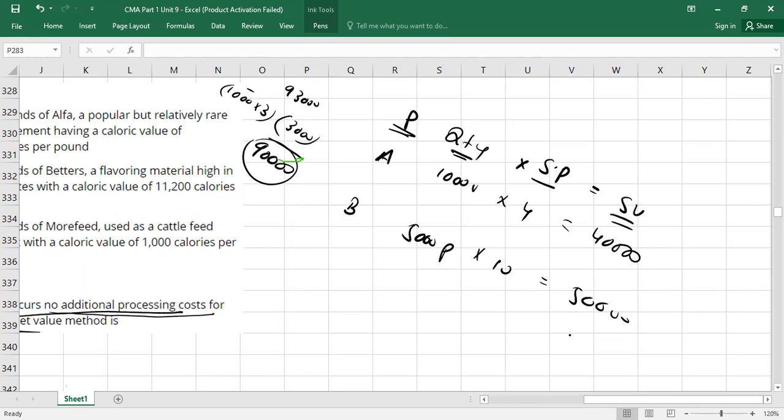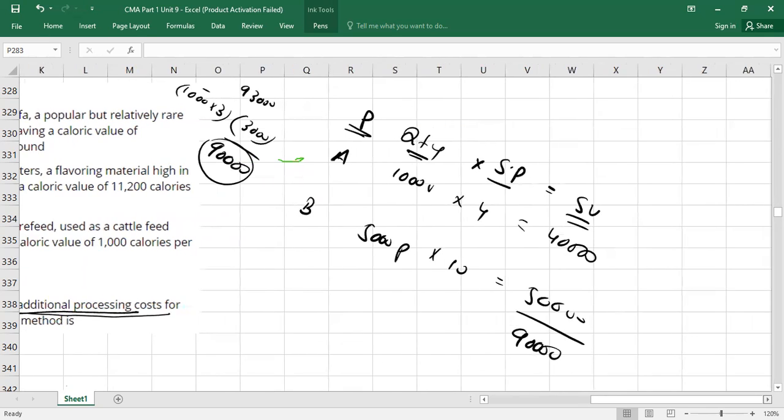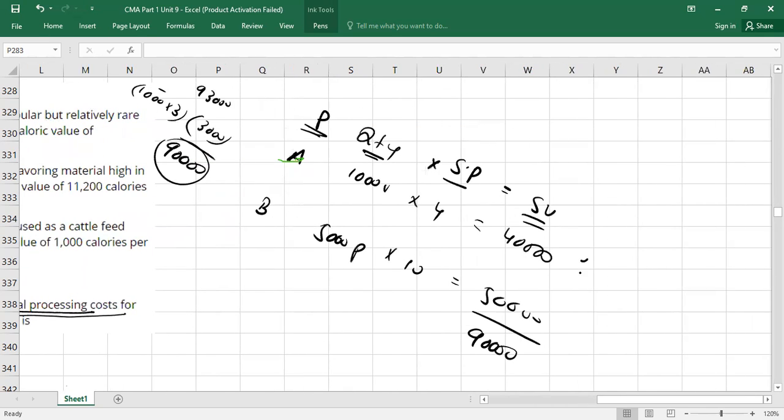Total sale value will be how much? 90,000. If I want to allocate to alpha, how will I take it? 40 divided by 90 multiplied by the common cost, which is also 90,000. Understood? For beta, it is 50,000 divided by the total, which is 90, multiplied by the common cost, also 90,000.